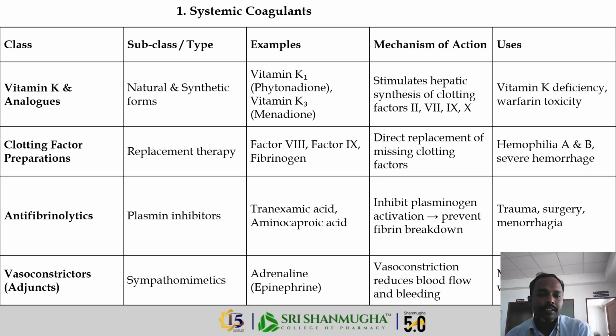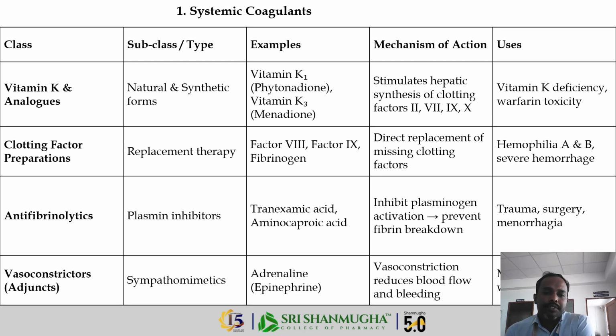Clotting factor preparations are used for replacement therapy: factor 8, factor 9, and fibrinogen. These are direct replacements of missing clotting factors, which are highly useful for conditions like hemophilia A and B. The vitamin K analogs are useful for vitamin K deficiency or warfarin toxicity.